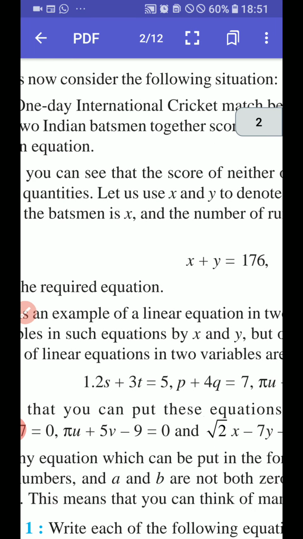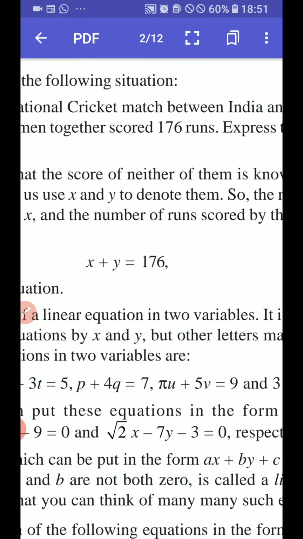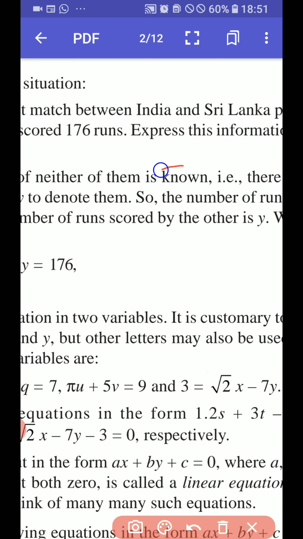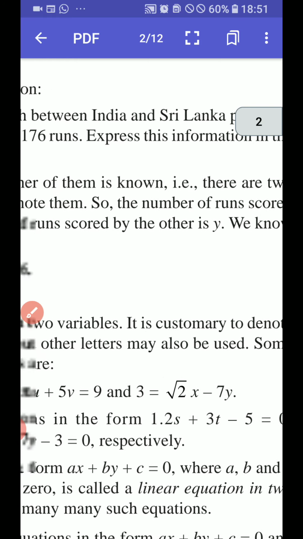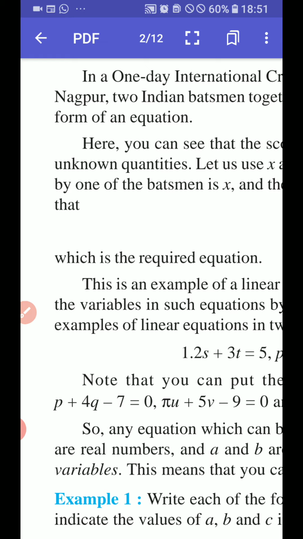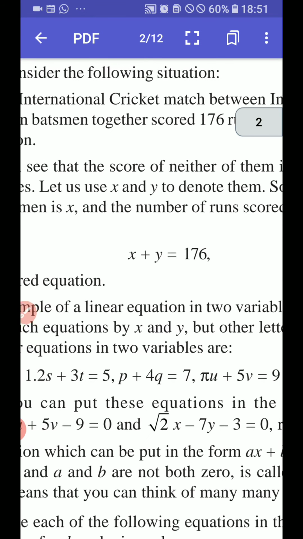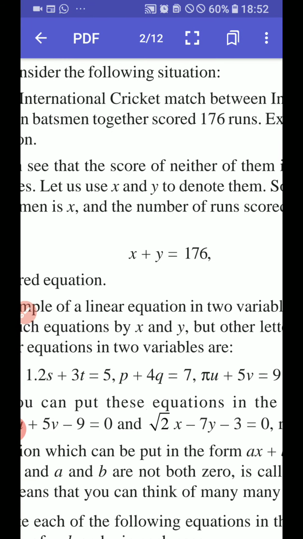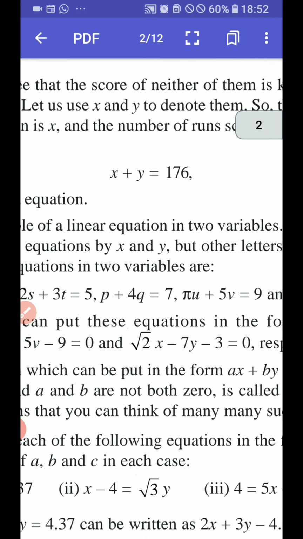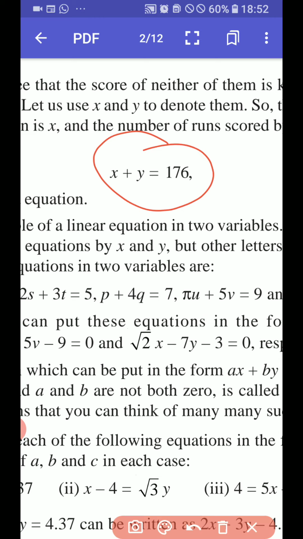Here you can see that the score of neither of them is known, that is, the individual scores of the two players are unknown. There are two unknown quantities. Let us use x and y to denote them. Let the score made by the first player be x and the score made by the second player be y. Therefore the total score can be represented as x plus y equal to 176.